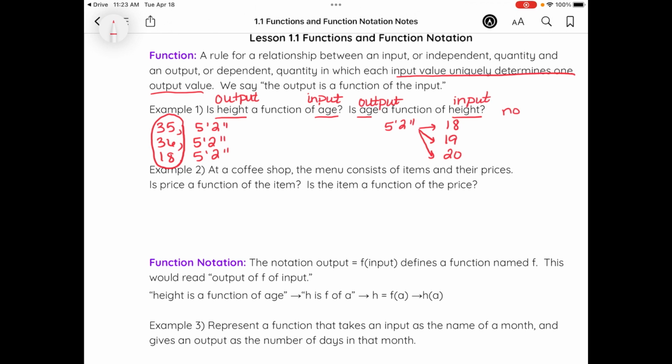At a coffee shop, the menu consists of items and their prices. Is price a function of the item? So price in this case is output, and item is input. So yes, each item has one price.